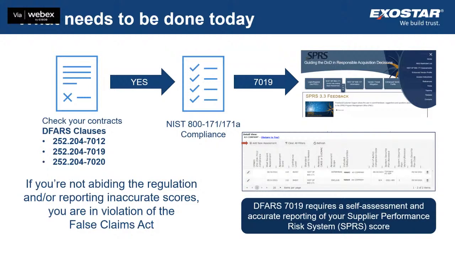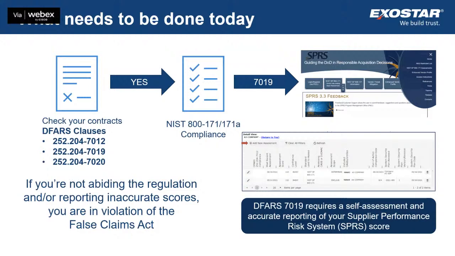These clauses require you as a contractor to comply with NIST 800-171 in order to protect controlled unclassified information. And the NIST 800-171 controls are those controls you need to have in place and be compliant with as part of the fulfillment of that contract.